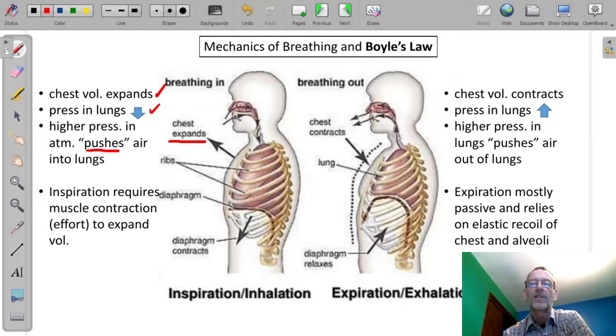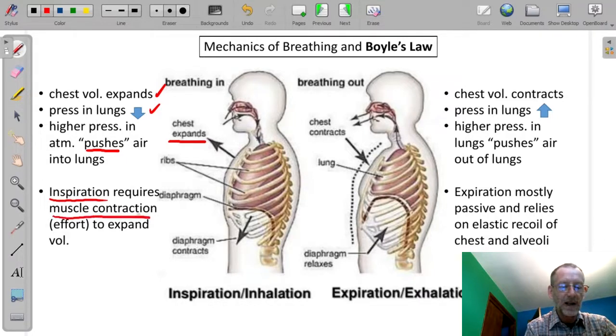That's what we sometimes refer to as suction. Somebody sucks through a straw, and we think of suction, but actually it's just air pressure being pushed in through the lips to fill the lower pressure in the lungs. So something to remember is that inspiration requires muscle contraction to expand.